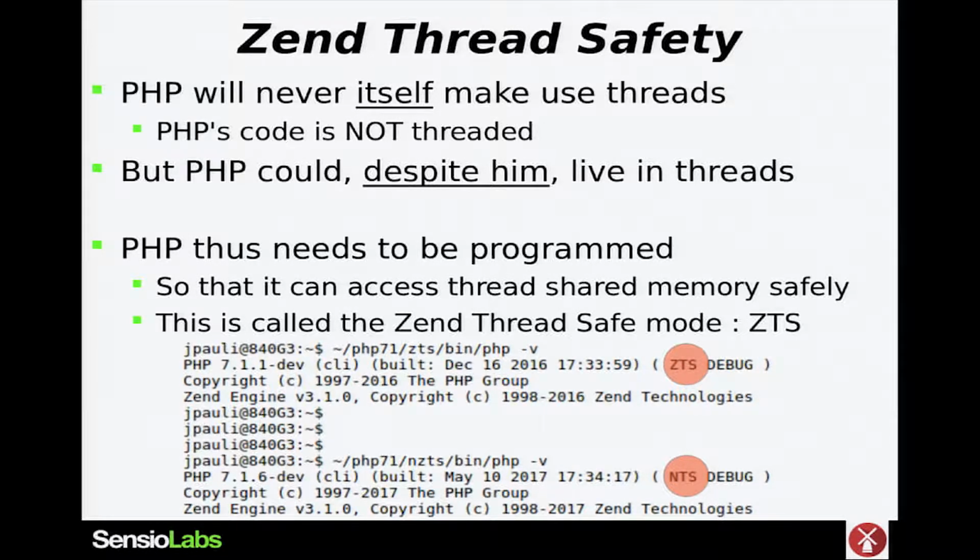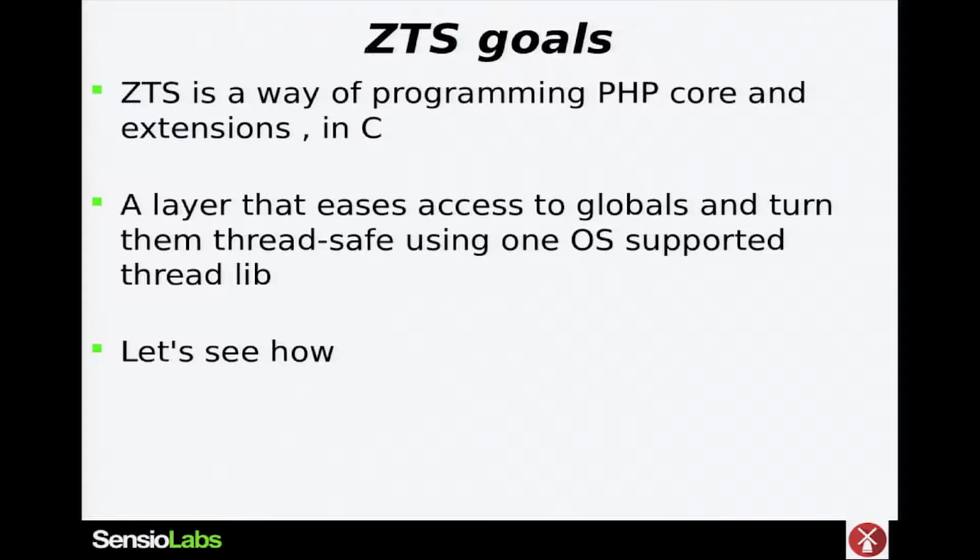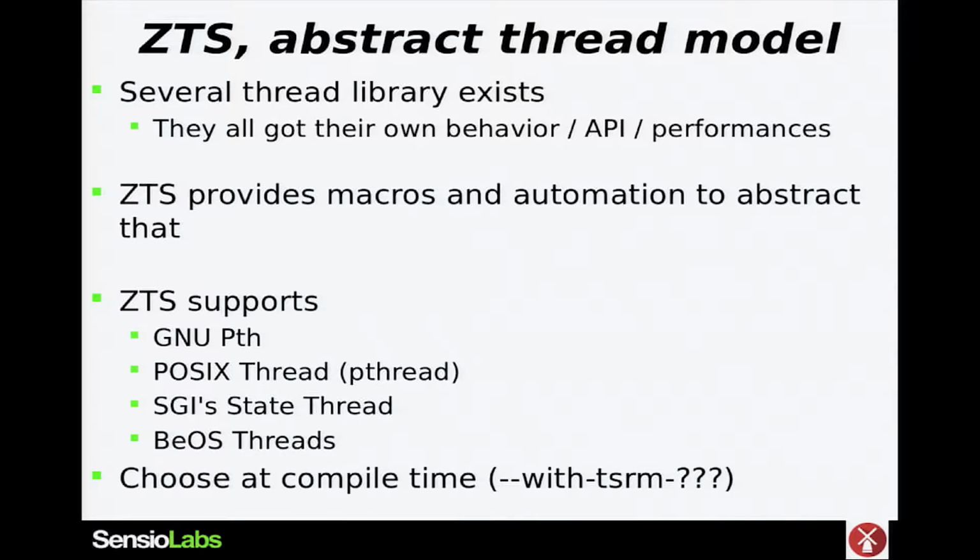Okay, so this is ZTS or NTS, non-thread safe. So ZTS is a way of programming PHP core and extensions in C. It's a layer that accesses global variables by protecting the memory. We're going to see how it's done. So it's not very hard to understand.